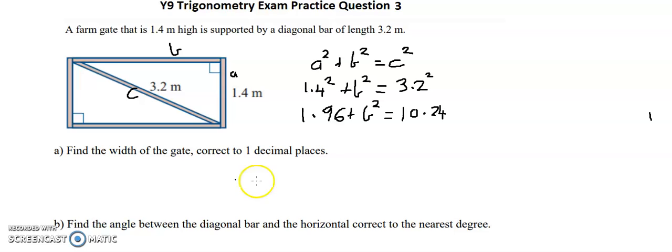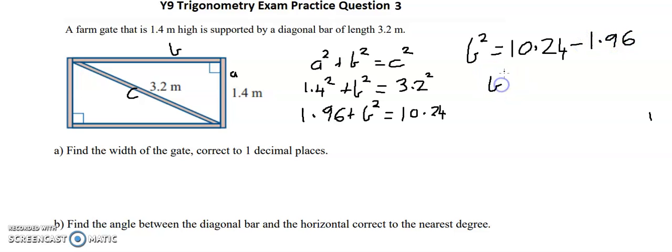The next thing I need to do is then get B by itself. So I'm going to take 1.96 from both sides, and that gives me 10.24 minus 1.96. So that means B squared must equal 8.28.